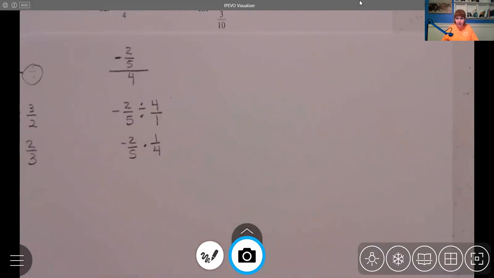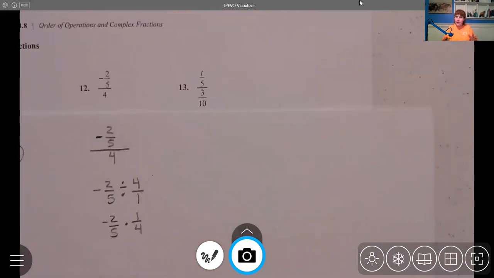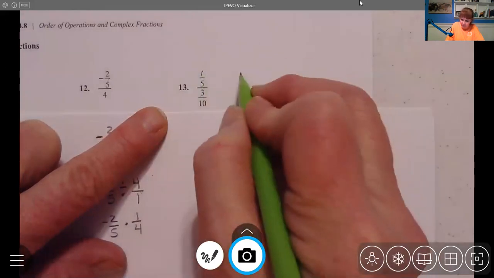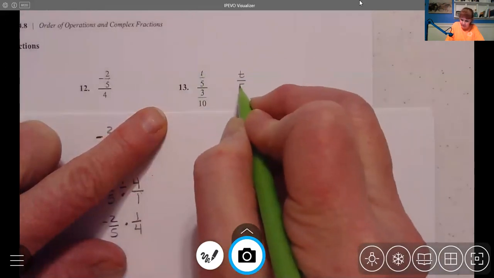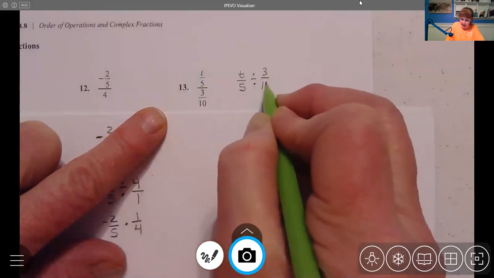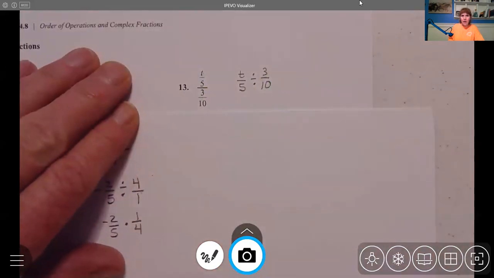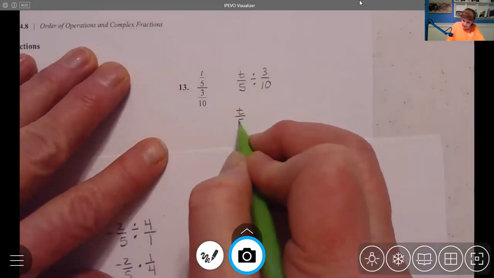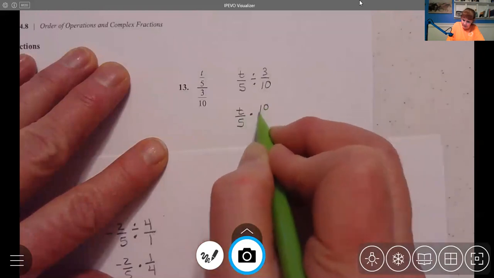All right, number 13 here, it's a variable, it's okay. This is t/5 divided by 3/10. So you do a copy, dot, flip.